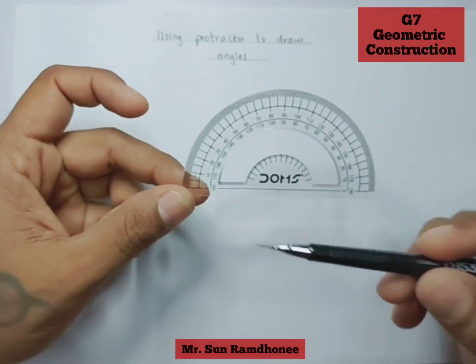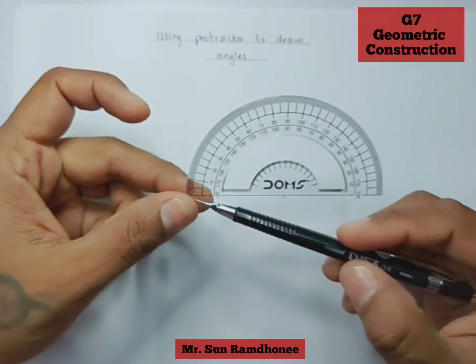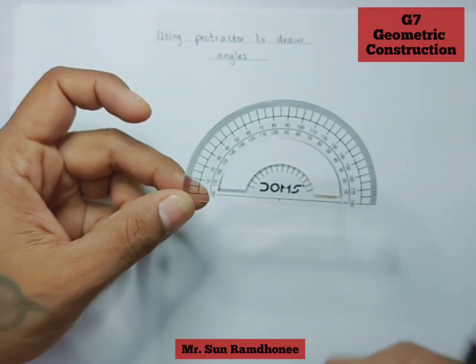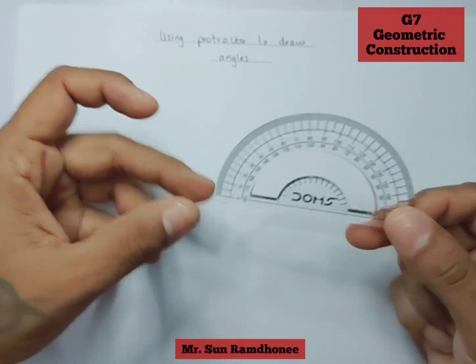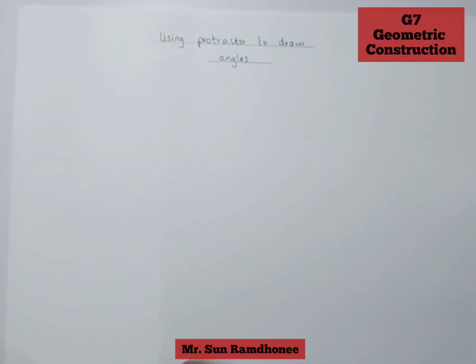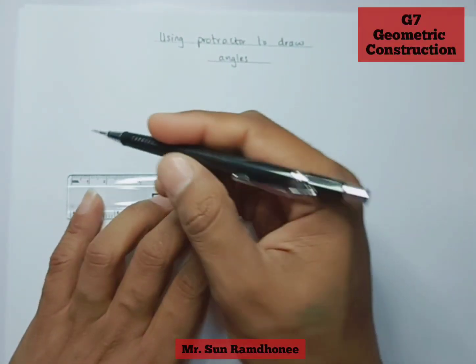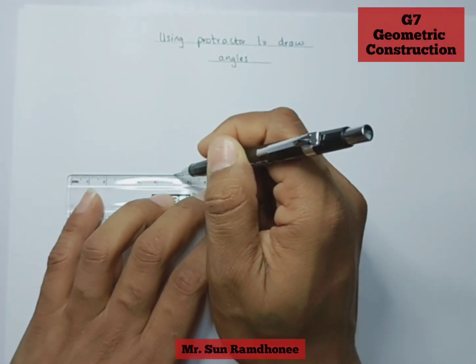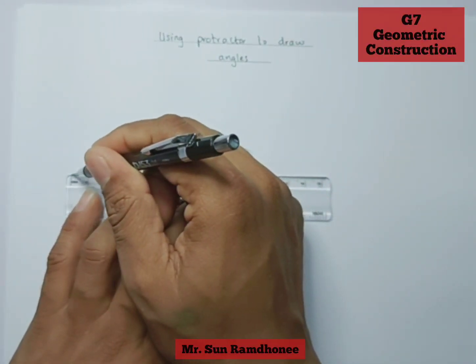So what is an angle? The angle is the distance between two lines. So we need two lines in order to obtain an angle. When we have to draw any angle, first of all, we have to draw the first line. I usually use up to 60 millimeters of length.